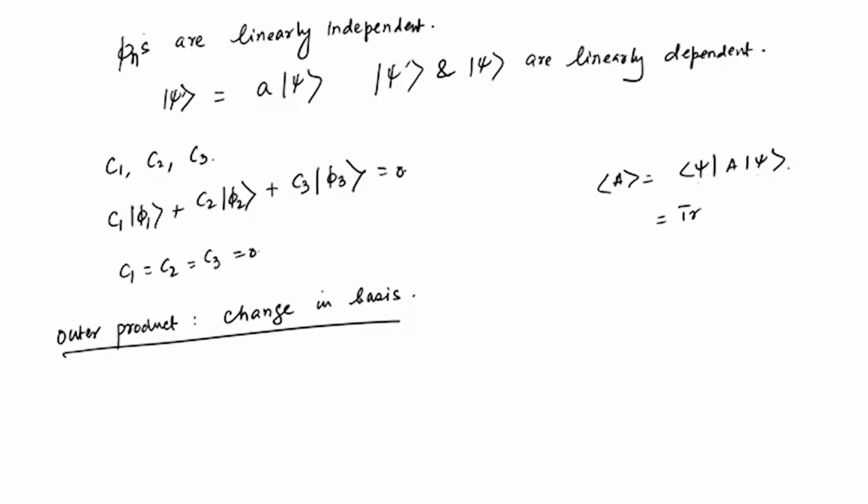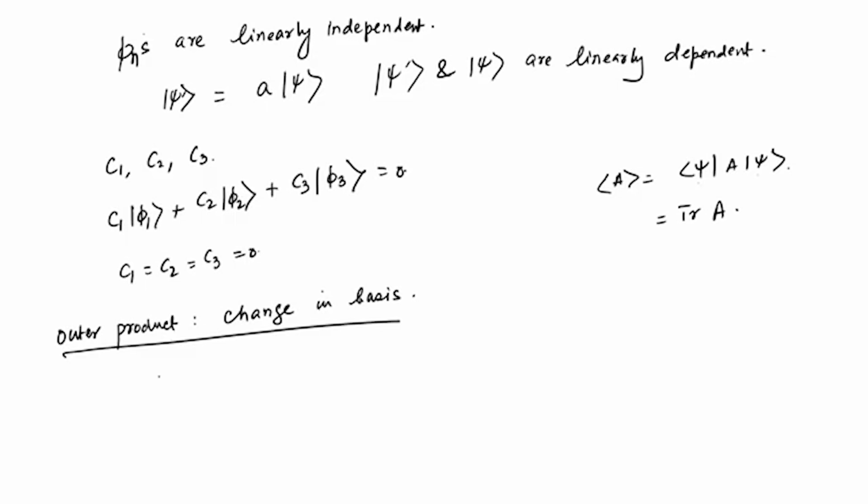Okay. So, trace of A, and this trace is the sum of the diagonal elements. Okay. And this trace is independent of the basis chosen, because the trace of an operator should be independent of which basis you write, because that corresponds to a physically observable quantity.